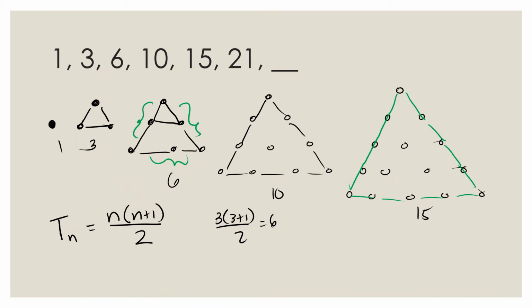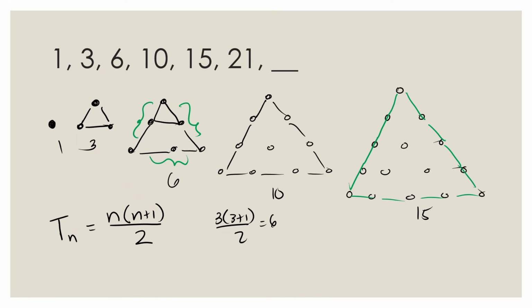Earlier, with the Fibonacci sequence and the Narayana-Cows sequence, what we had were what we call recursive formulas. Basically, you have to know what comes before so that you can get what comes after. But this time with the triangular numbers, it's an explicit formula, so you don't need to know what comes prior.